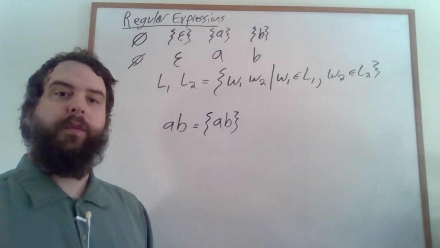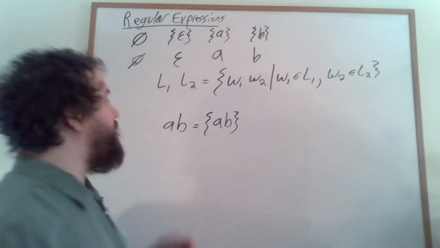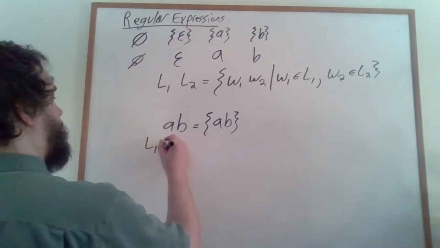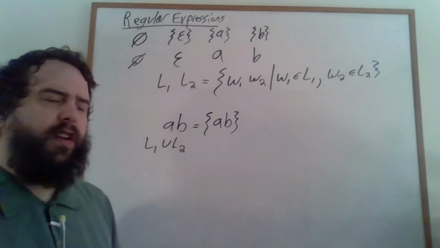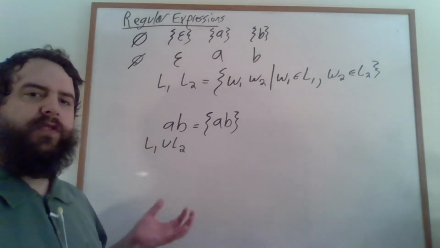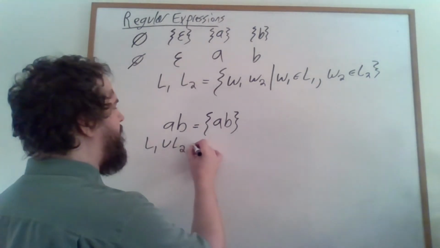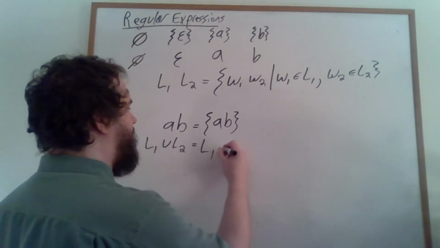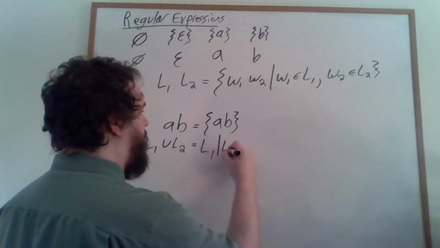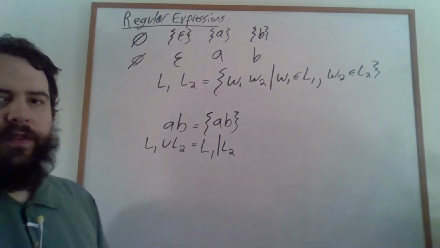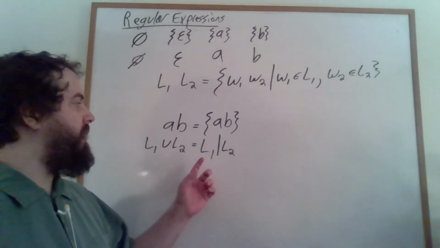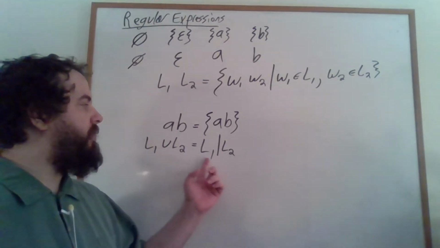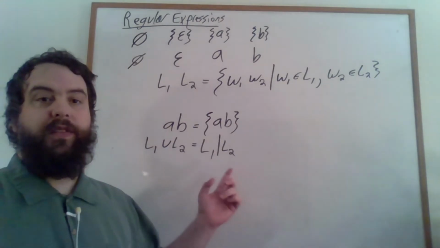Another operation that we can do is we can take two languages and we can take their union. And I'm going to denote this. There's many different ways of denoting this. I'm actually going to denote this using the computer scientist's large vertical bar, L1 vertical bar L2, to indicate that a word is either part of the first language or part of the second language, right?